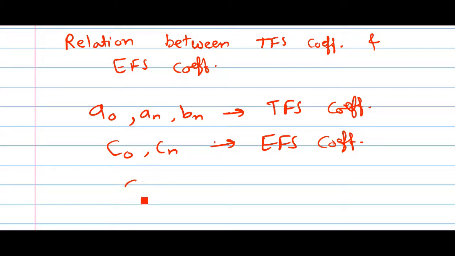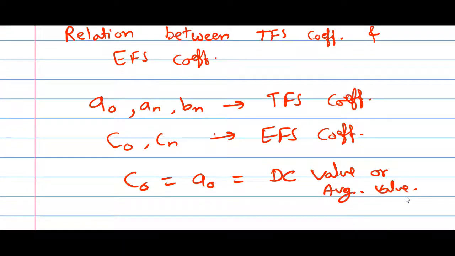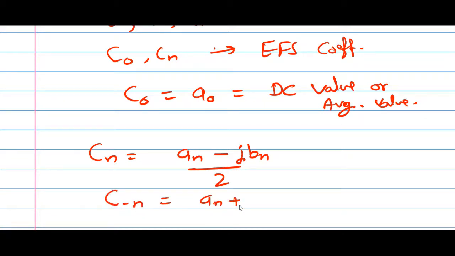So your C0 is nothing but A0, and this is called the DC value, or average value. So the constant term in the series is nothing but C0, and that is nothing but A0. Then Cn is given by Cn equal to An minus JBn upon 2, and C minus n is given by An plus JBn upon 2.